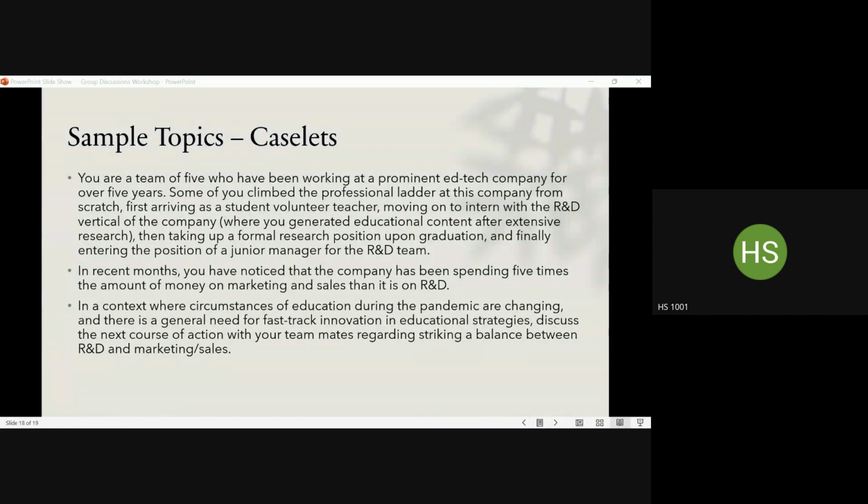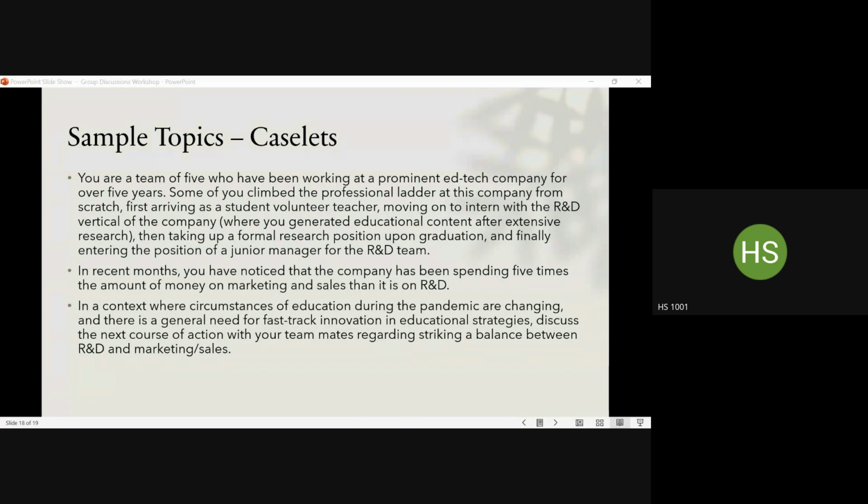In the case of an edtech company, is R&D as important as marketing and sales? That is the question. So that is the concern here. So you want to argue that, yes, we should put in some money into R&D as well, because edtech implies that education is being provided through the medium of technology.